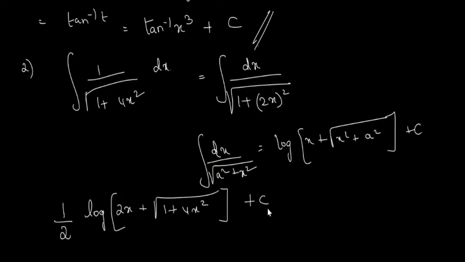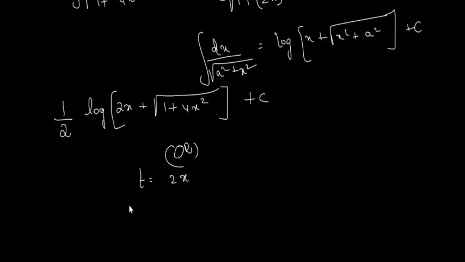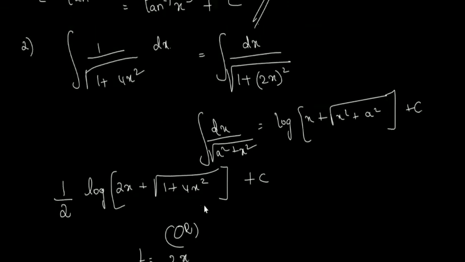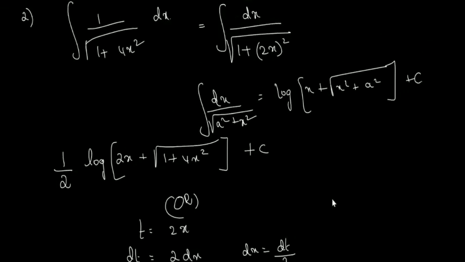The second method is substitution method. So put t as 2x. So dt will be 2 dx. So dx will be dt by 2. So this integral will now change to integrate 1 by 2 dt by root of 1 plus t square.